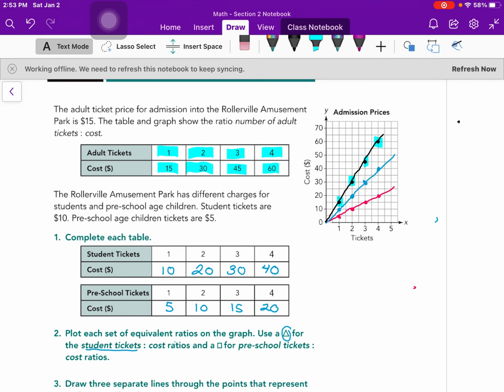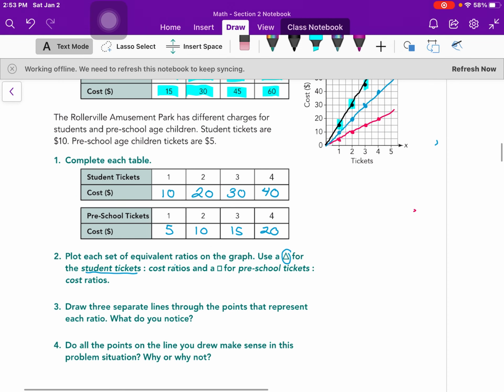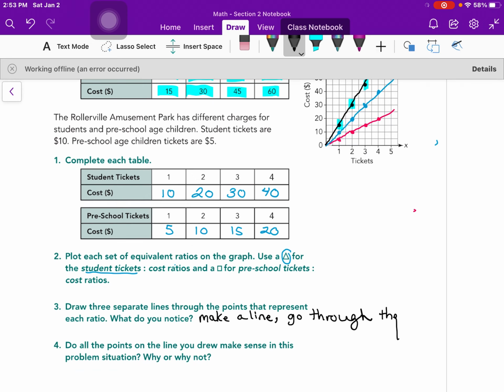I notice that they all go through the origin. I notice they're all a line, which means they're equivalent ratios. I better write those things down. They'll make a line. They'll go through the origin, or 0.